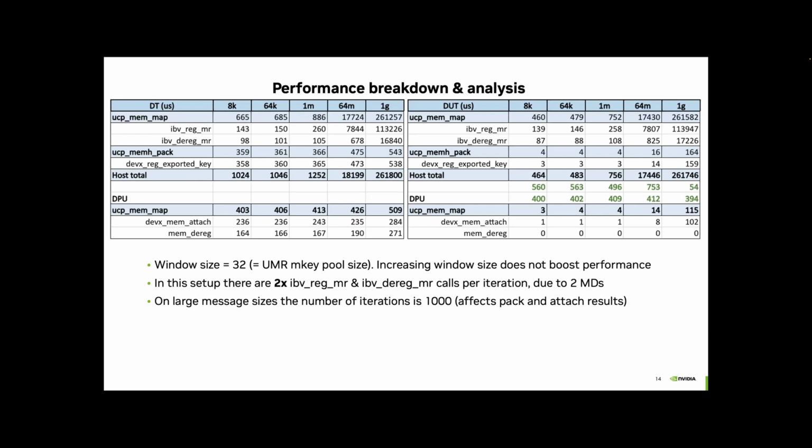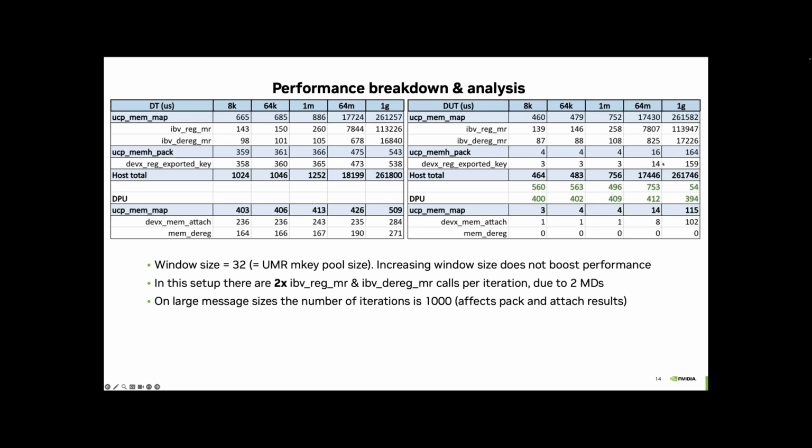With the UMR approach, the overhead of export is around just 4 microseconds, and in theory, it should not even grow above that. So I'm talking about this. In theory, it should remain constant.